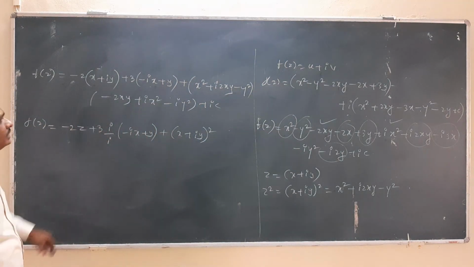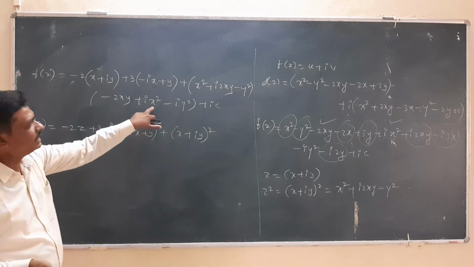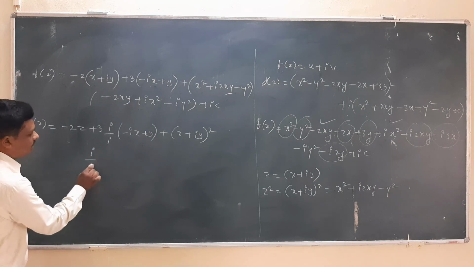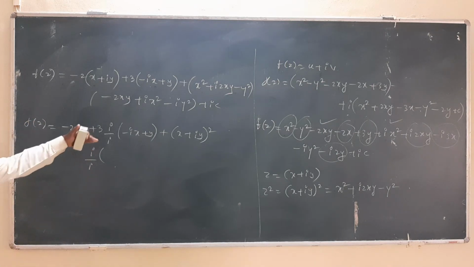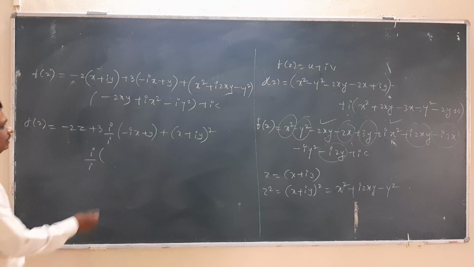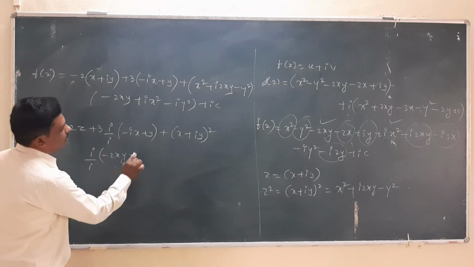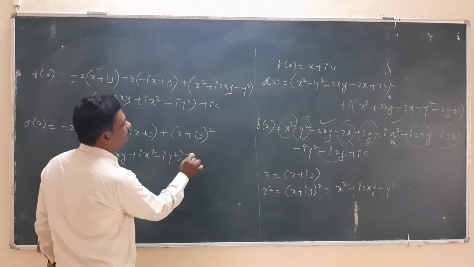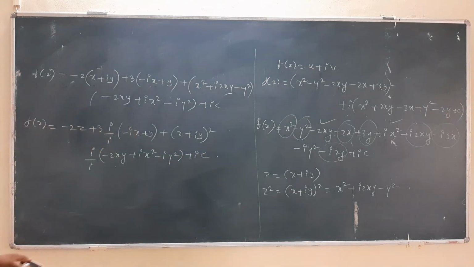Here I want x square which is free from i, so for that I will adjust, dividing by i and multiplying by minus 2xy plus ix square minus iy square plus i into c.